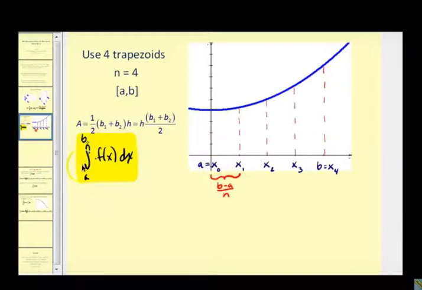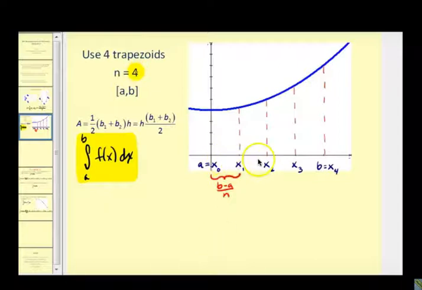So remembering that the trapezoidal rule gives you an approximation for the area under the curve. It's like you're doing an approximation for the integral from a to b of f(x) dx. Well, first, if we have 4 trapezoids, that means n is going to equal 4.